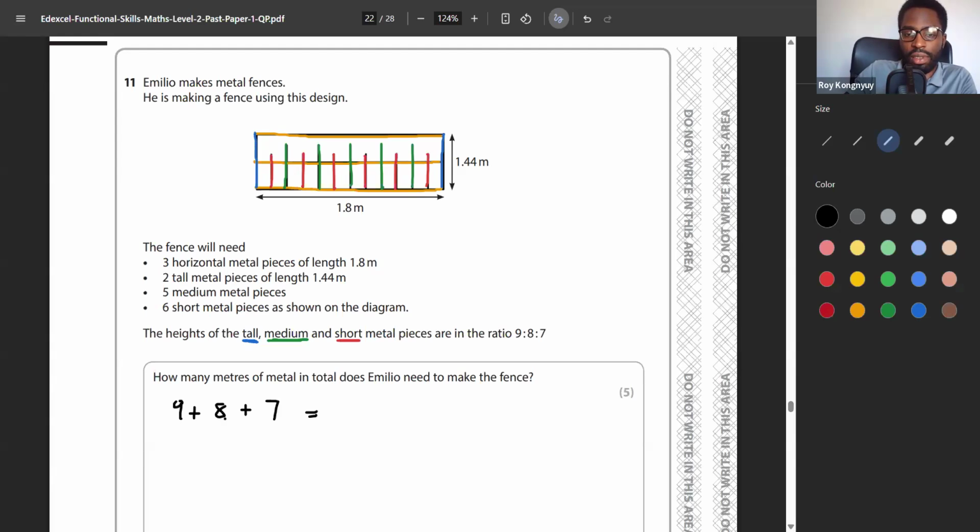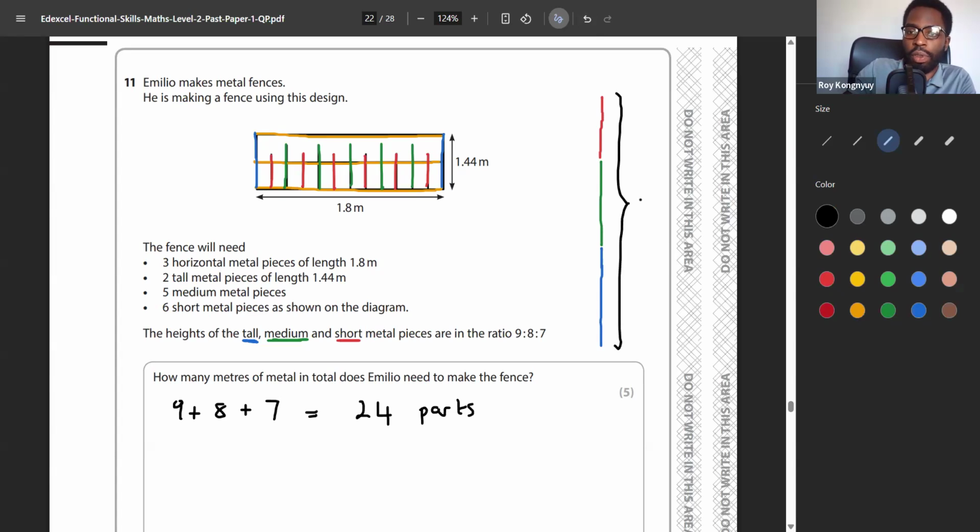That is 24 parts. 9 of those parts would correspond to tall. So let me just draw that out here. Let's say this is the tall piece. This is the medium piece. And this is the short piece. Okay. There, it would be composed of 24 parts, right? 9 of them would be tall, 8 would be medium, 7 would be short. Okay.